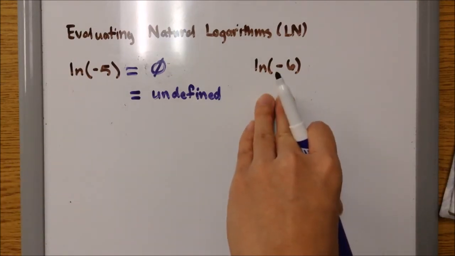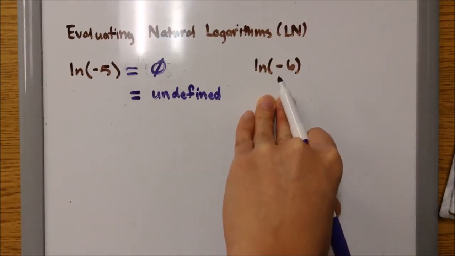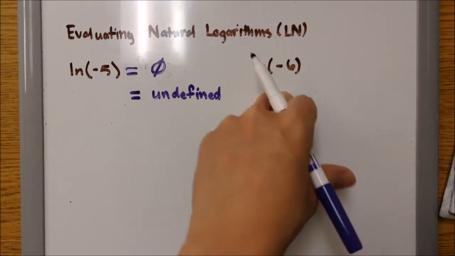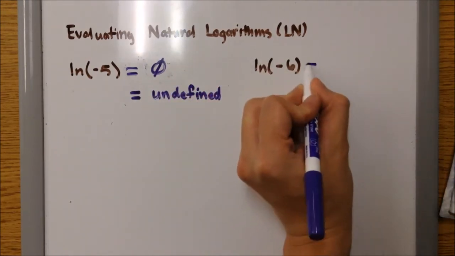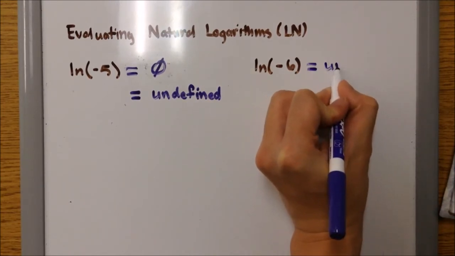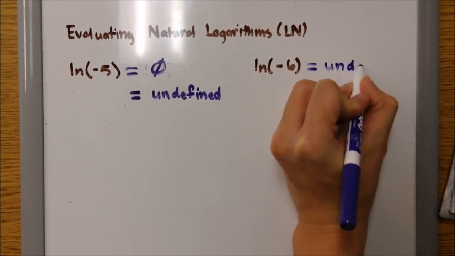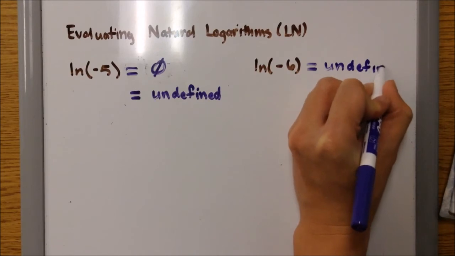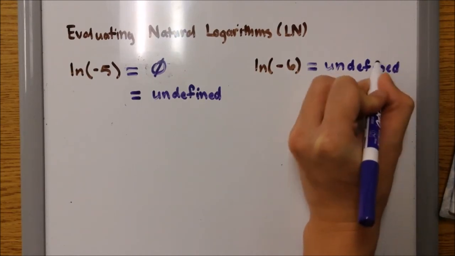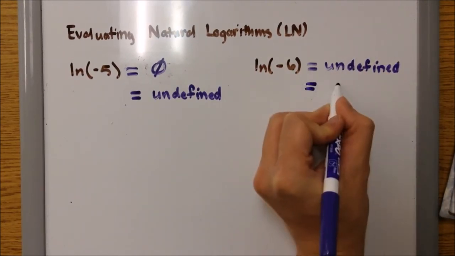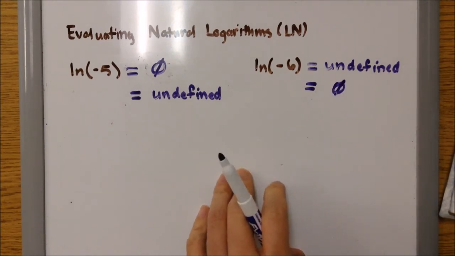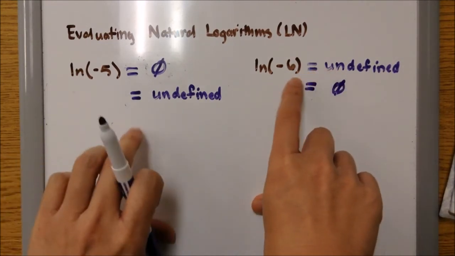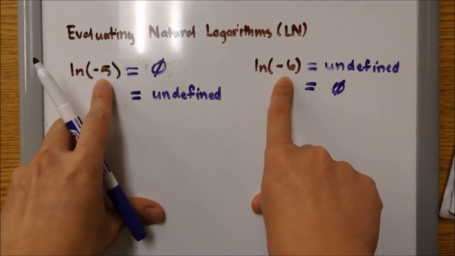In example 4, we have something the same. It's the natural log of -6. If it's just a negative number, then yes, you can write it as undefined. In some cases, the answer would be written as a symbol with a circle and a slash. You can write that if it's just a negative number inside the parenthesis.